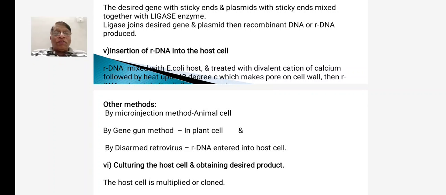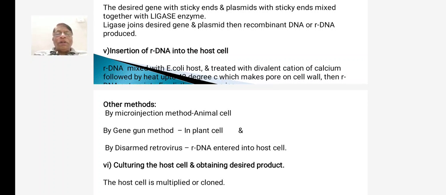Insertion of rDNA into the host cell. rDNA is mixed with E. coli host and treated with the divalent cation of calcium, followed by heat up to 42 degrees Celsius, which makes pores on the cell wall, then placed on ice.